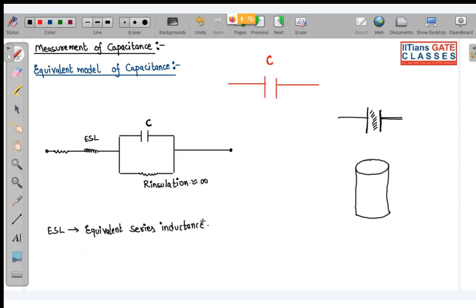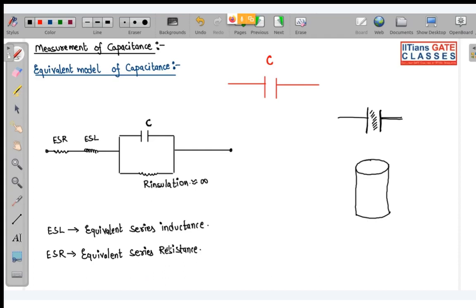Can you tell me what is the value of this equivalent series inductance? Anyone? So this ESR is basically what? It is your equivalent series resistance.